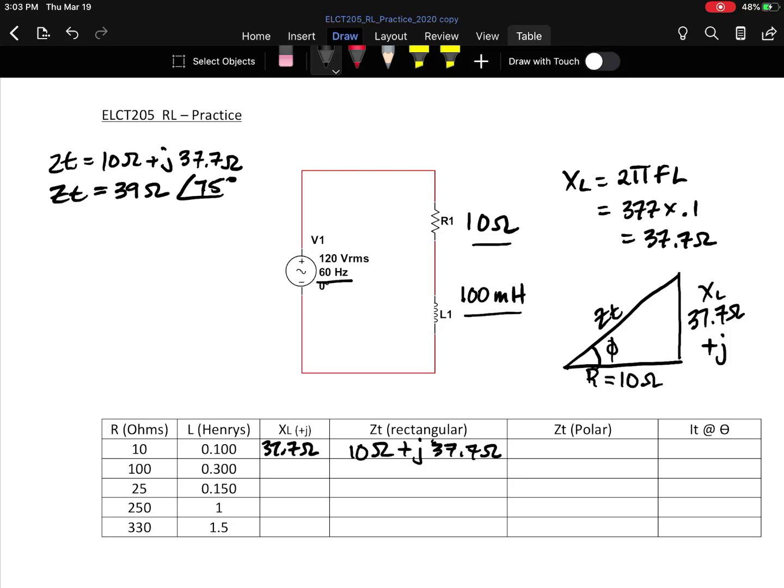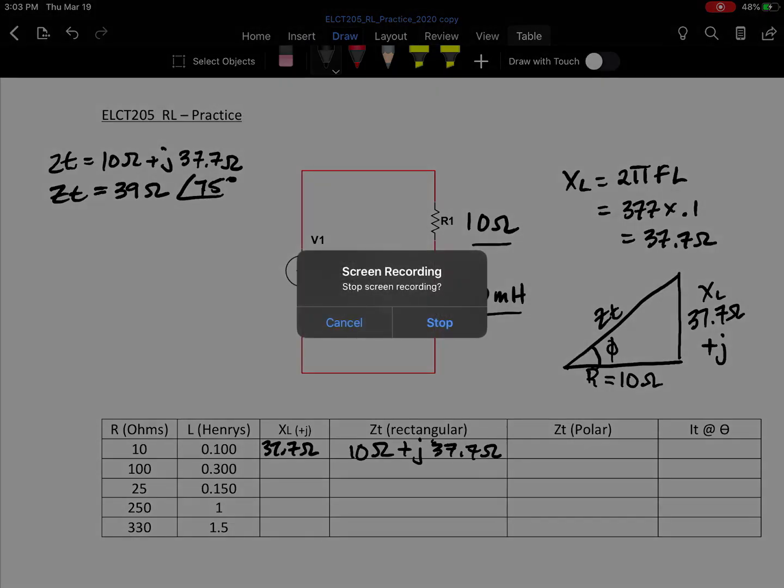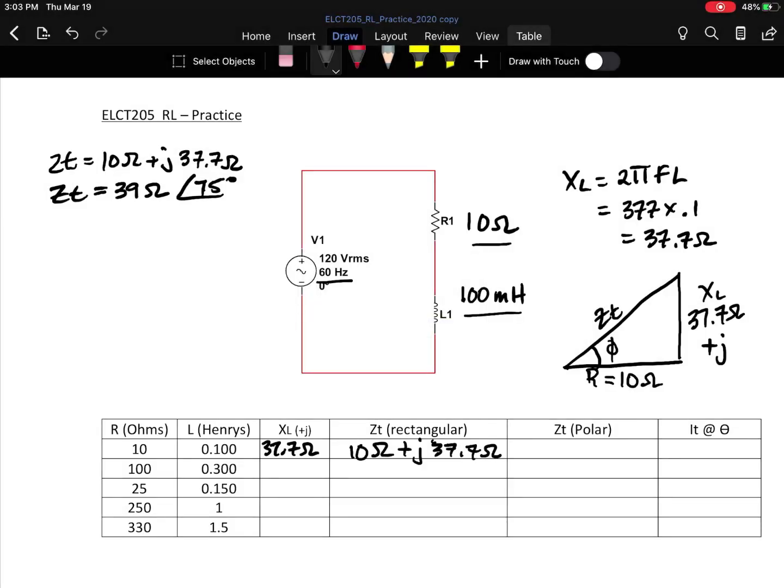Then down here you'd put in your 39 ohms at 75 degrees. So that's telling us that our angle phi, or our angle of impedance, is 75 degrees.